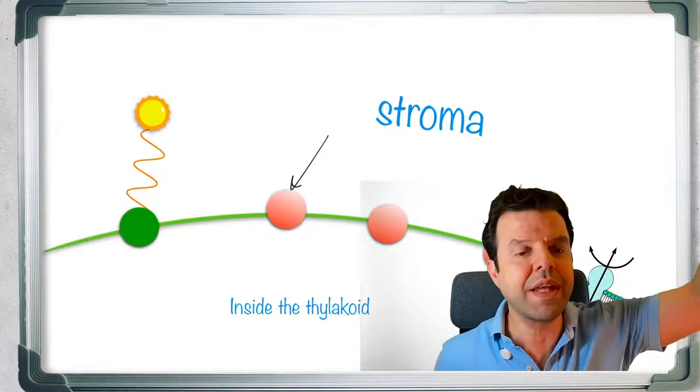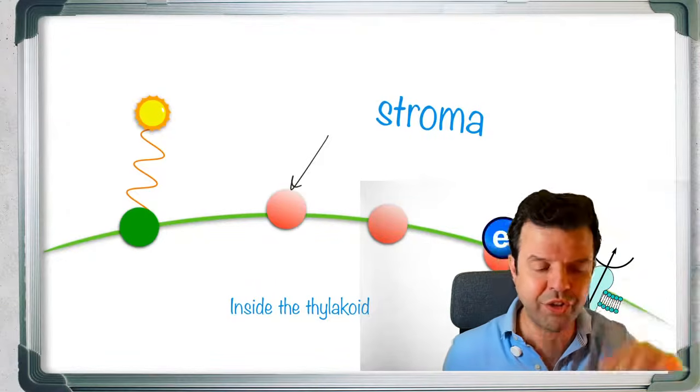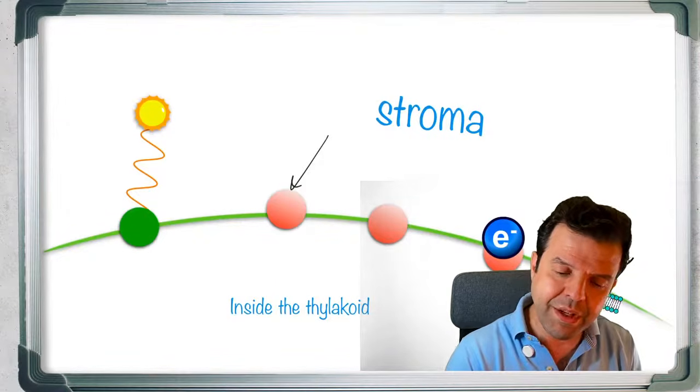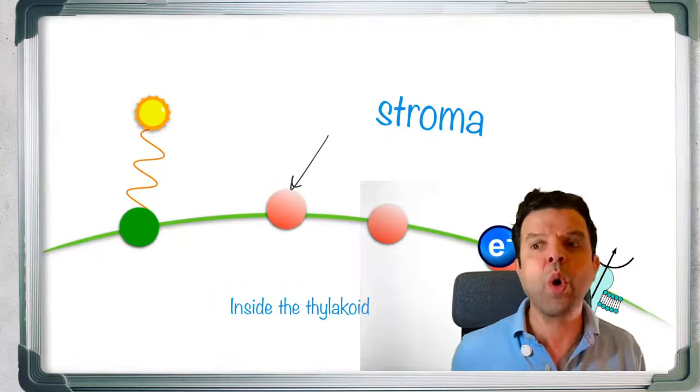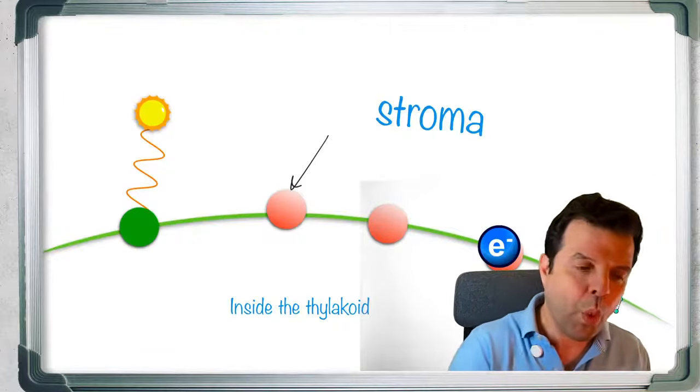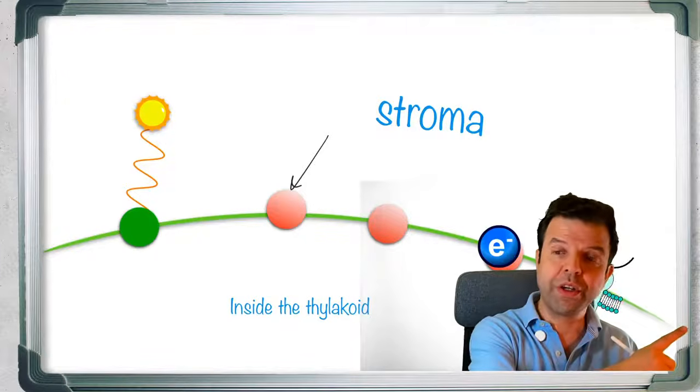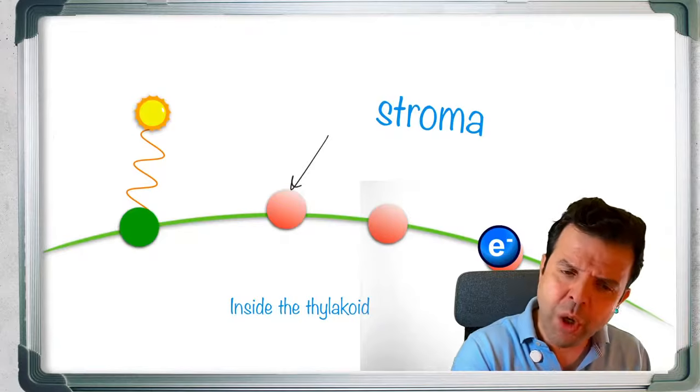We excited the electron, it went to a higher energy state, and it did not drop all the way down. It's gradually moving down like this. While it's moving down, we are actually doing work. Instead of wasting that energy, we're gonna use it to do work.